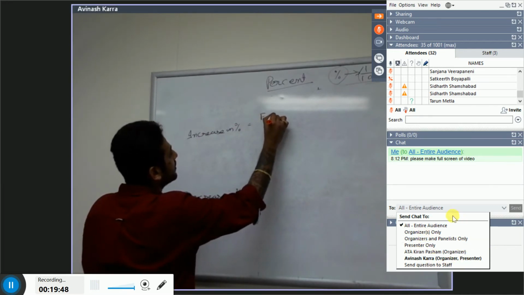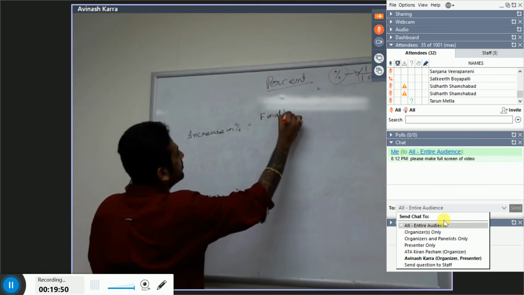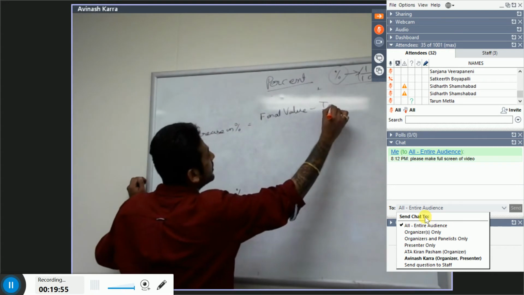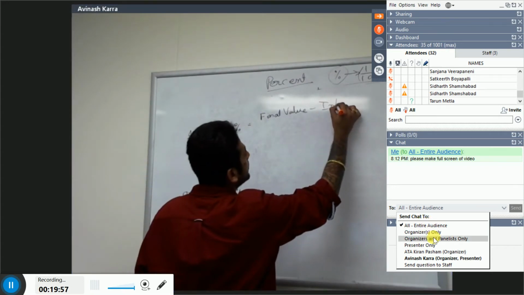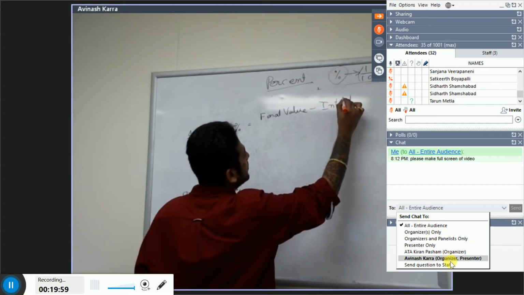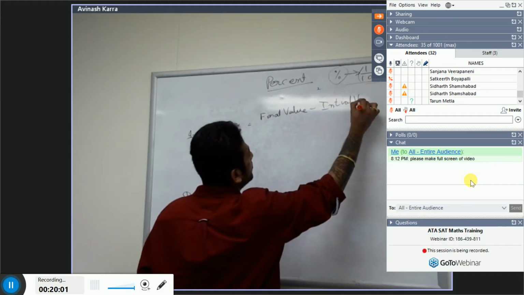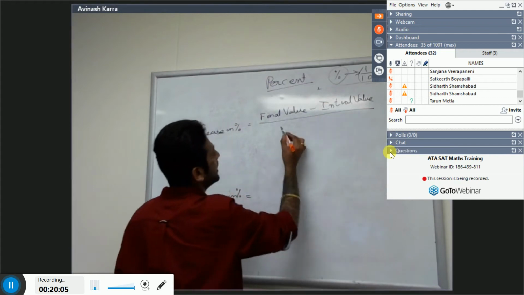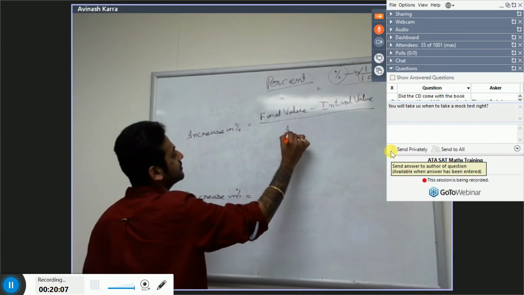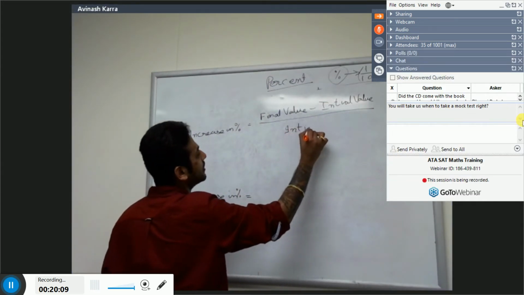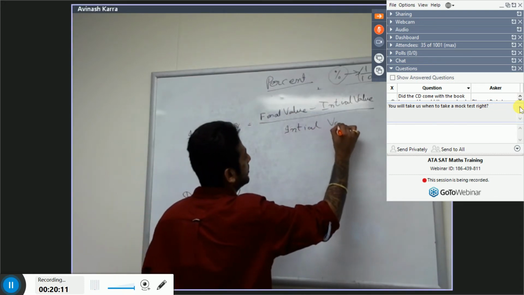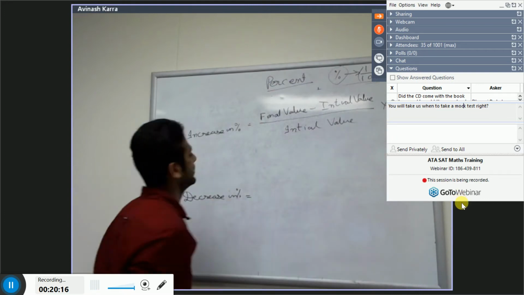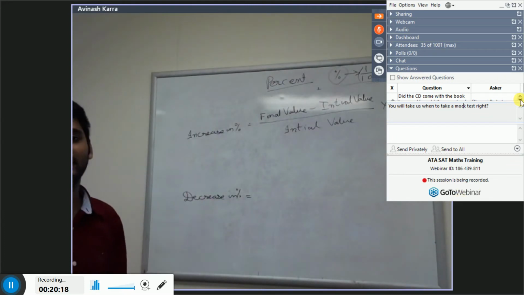Final value minus initial value, divided by initial value, into 100. This is the formula for increase in percentage.